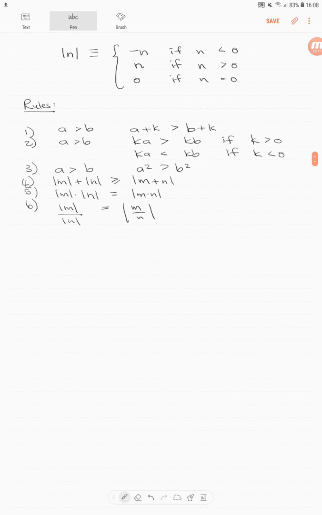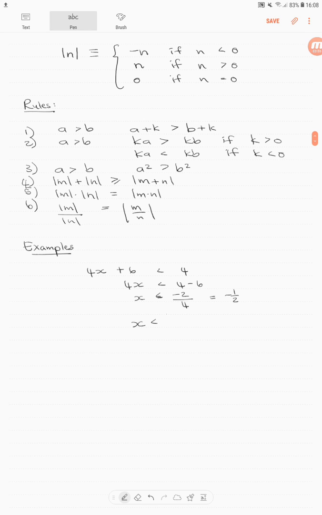So let's look at some examples. Suppose we have 4x plus 6 is smaller than 4. How do we solve this? We simply say 4x is smaller than 4 minus 6. And then we divide. So 4 minus 6 is minus 2, divided by 4, which is equal to minus a half.